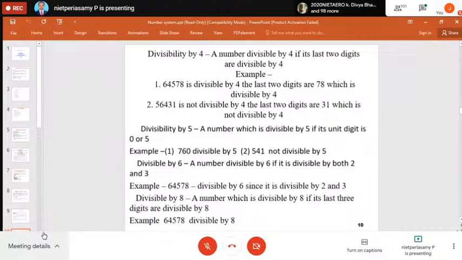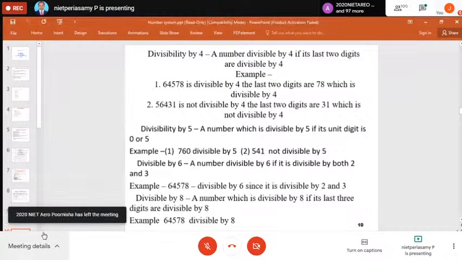Next one is divisibility by 5. A number is divisible by 5 if its unit digit is 0 or 5. If the unit digit is 0 or 5, then the whole number is divisible by 5. Take the first example, 760. In this 760, the unit digit is 0, so the whole number 760 is divisible by 5.